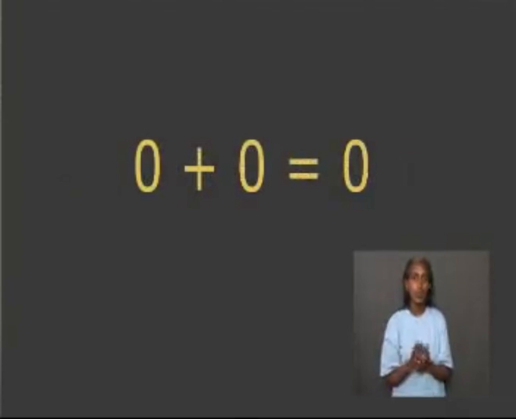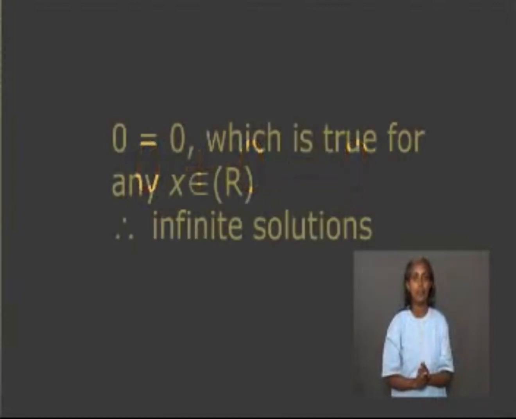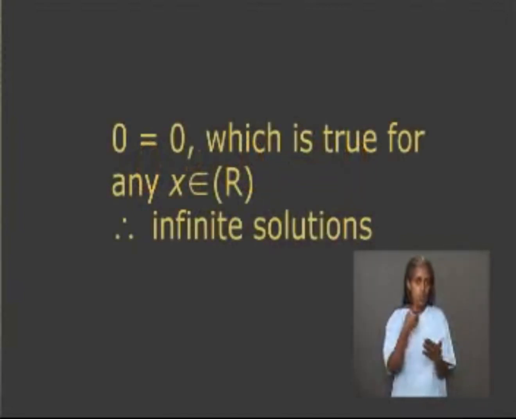When we put this into the form of a times x plus b equals 0, we find our answer to be 0 plus 0 equals 0. What can we conclude from this?